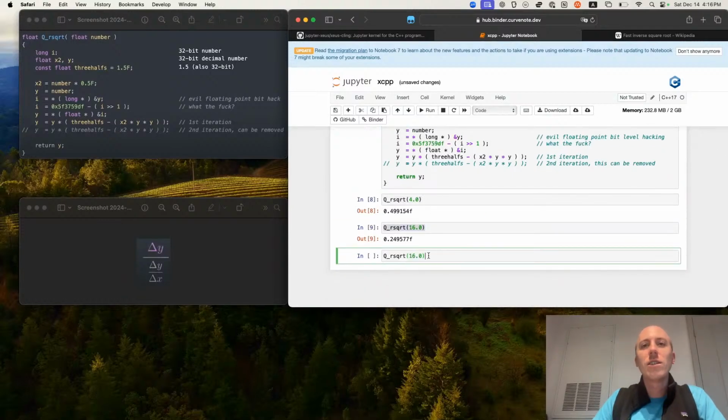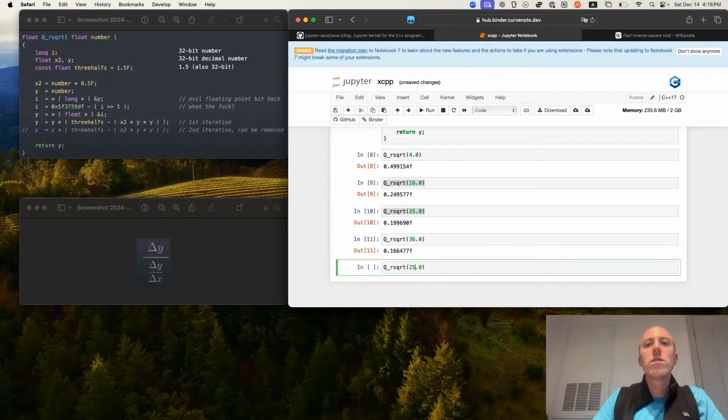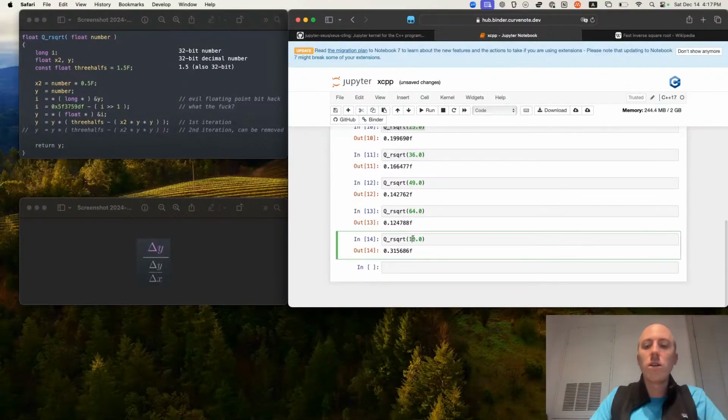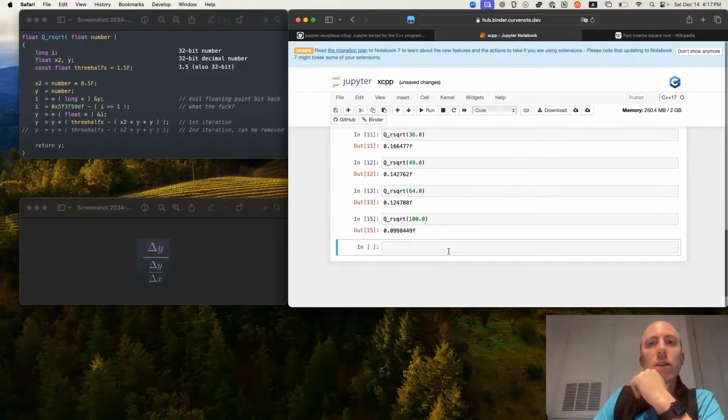That's crazy. 1 over the square root of 5, 1 over the square root of 25. So 1 over 5 should be 0.2 around. 5 squared, 6 squared, 7 squared, 8 squared. Oh, 1 over 100, 1 over 10. It's like 0.01 off. Okay, interesting.